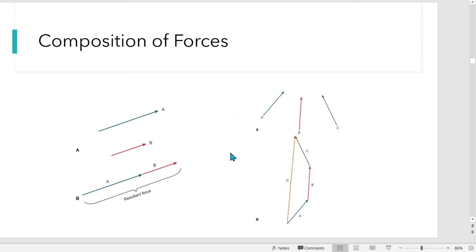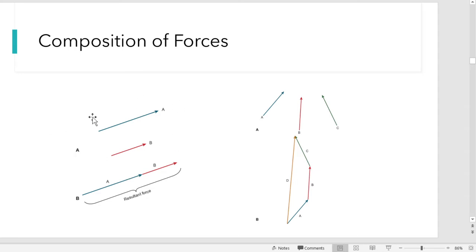So, composition of forces. Let's take for example, if we have a force directed up of A, then we have another force of B in the same direction. If you're going to add the two, you just add them using head to tail.